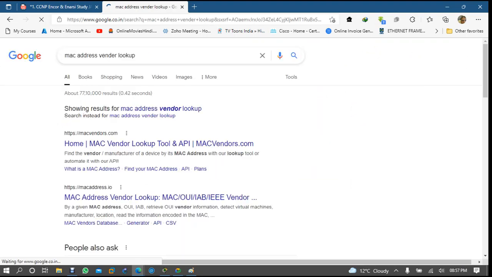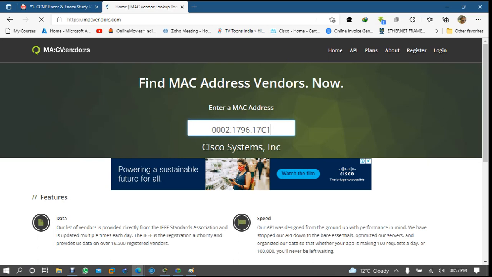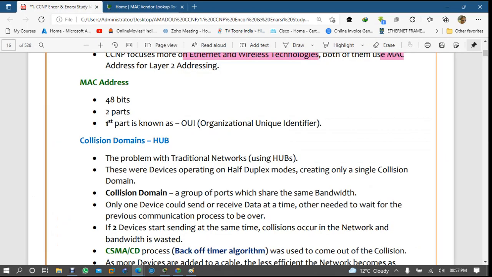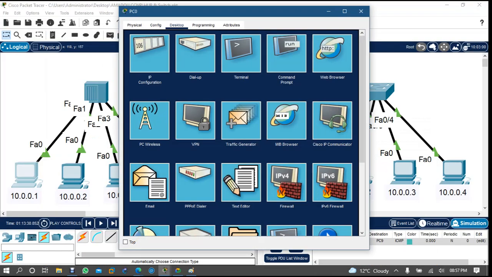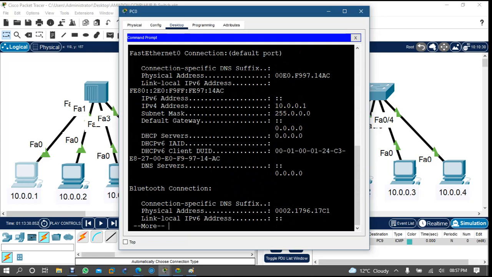If you type the MAC address that we have copied and press enter, it will tell you that this MAC address is of Cisco Systems. So if you want to know which type of devices this MAC address is related to, you can look it up.